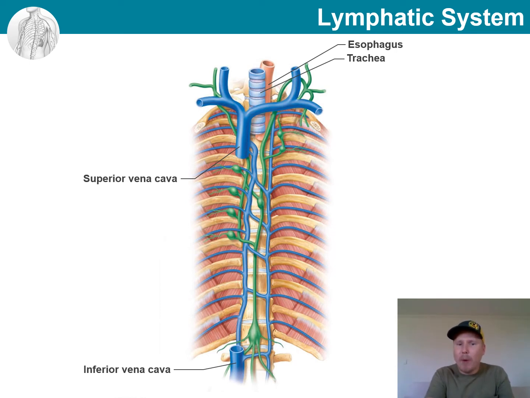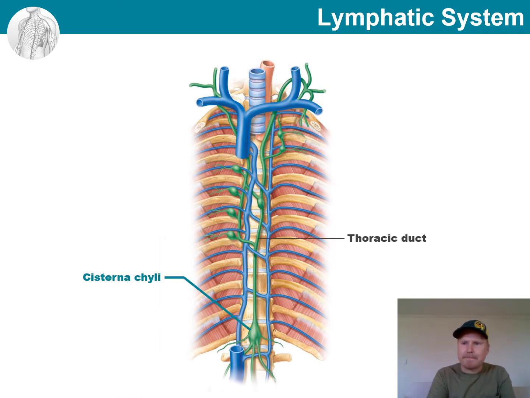The ones that I want to highlight, especially regarding our lymphatic system, are the thoracic duct, which we will talk a bit more about in a moment, and a structure called the cisterna chyli. This is a dilated sac at the lower end of the thoracic duct, so a rather nice anatomical landmark.